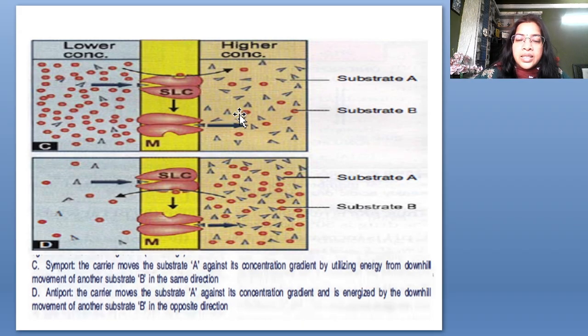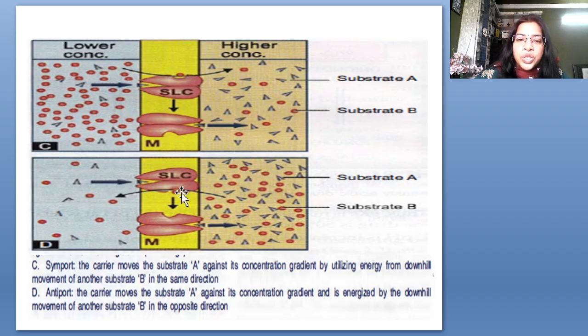Then here we can see that this is active transport, substrate A, substrate B in diagram C. This phenomenon is called symport. Here the transporter is a symporter. The carrier moves substrate A against its concentration gradient by utilizing energy from the downhill movement of another substrate B in the same direction.